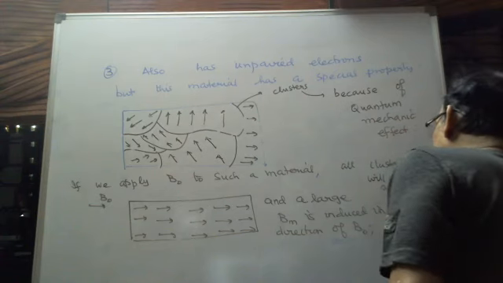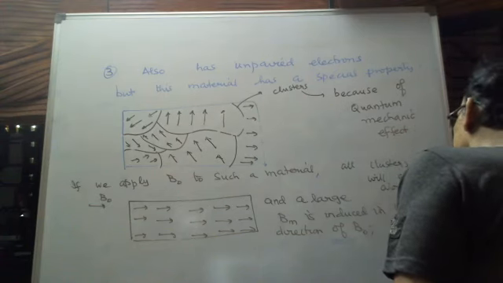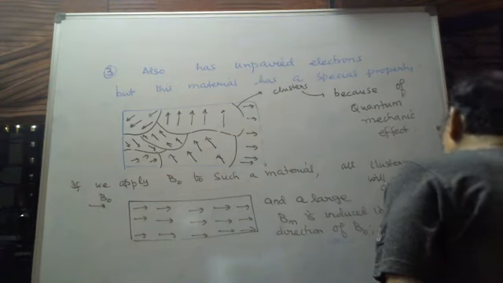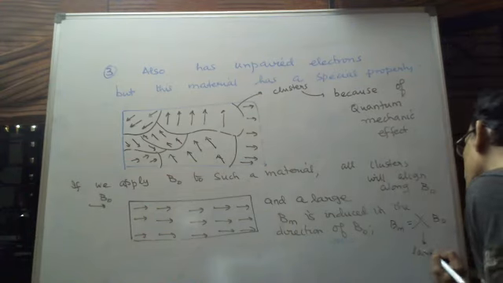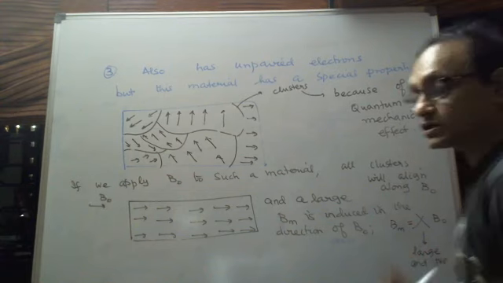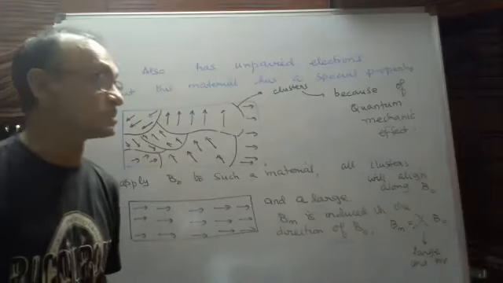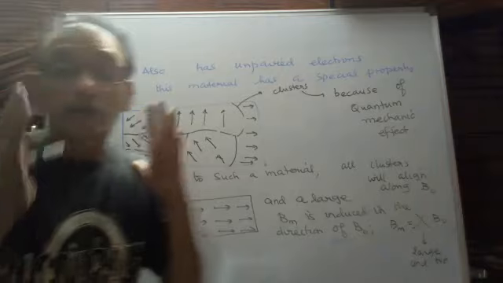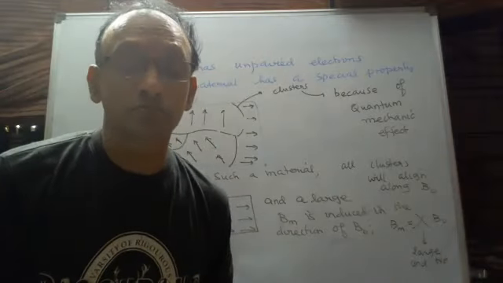So BM is this times B naught. So इस material में क्या है? This is large and positive. This magnetic susceptibility chi is large and positive in such a material. Large extent of magnetization.